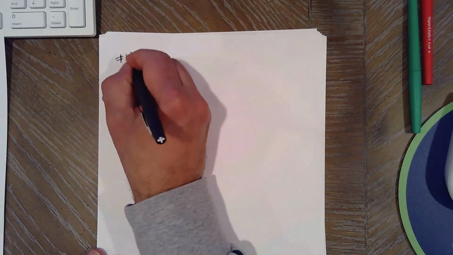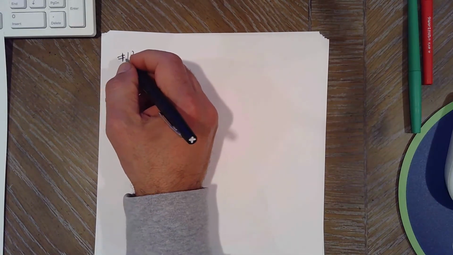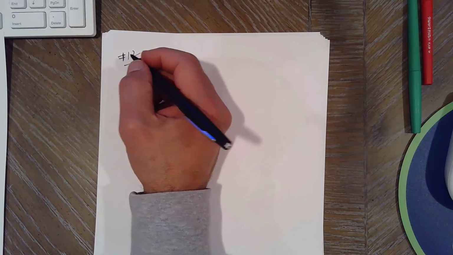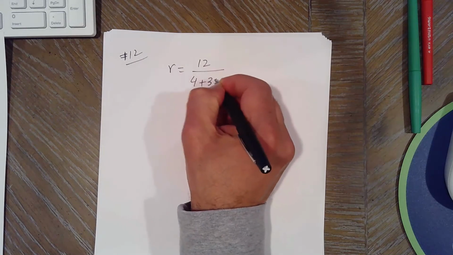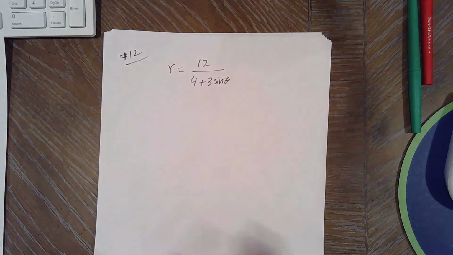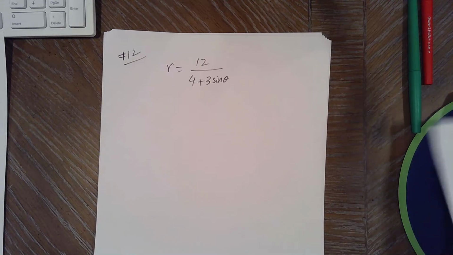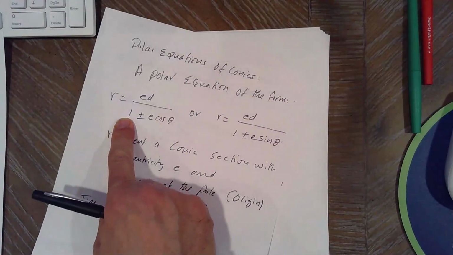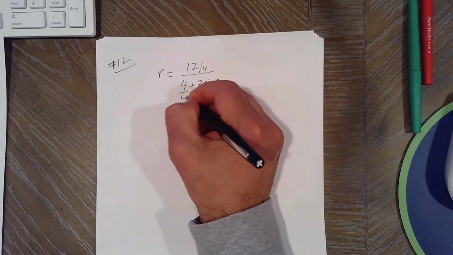Alright, number 12. In number 12, it wants us to match the equation with the graphs 1 through 6. Give reasons for your answer. 12. r equals 12 over 4 plus 3 sine theta. So we want it to look like the 4 equations that we talked about. You're going to have a 1 here, so you're going to divide everything by 4.